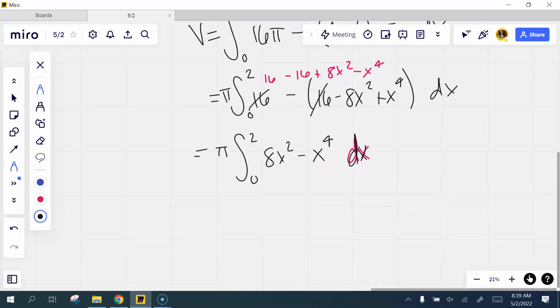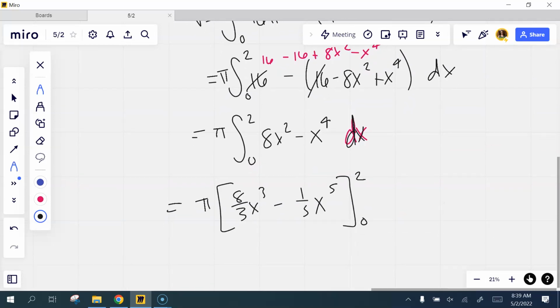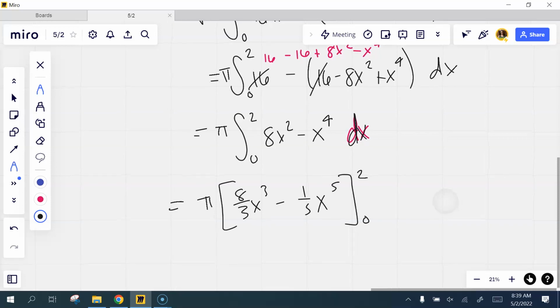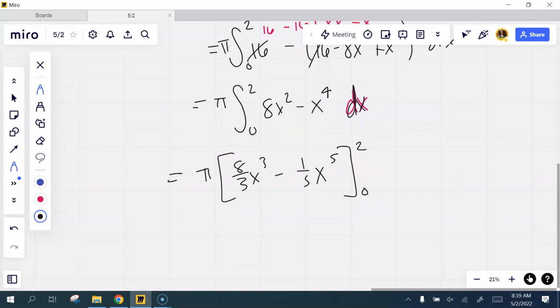Okay, antiderivatives. This pi just keeps sitting out here. That's right, 8/3 x minus 1/5 x to the 5th, being evaluated from 0 to 2. I got it right. Now let's plug in 2.